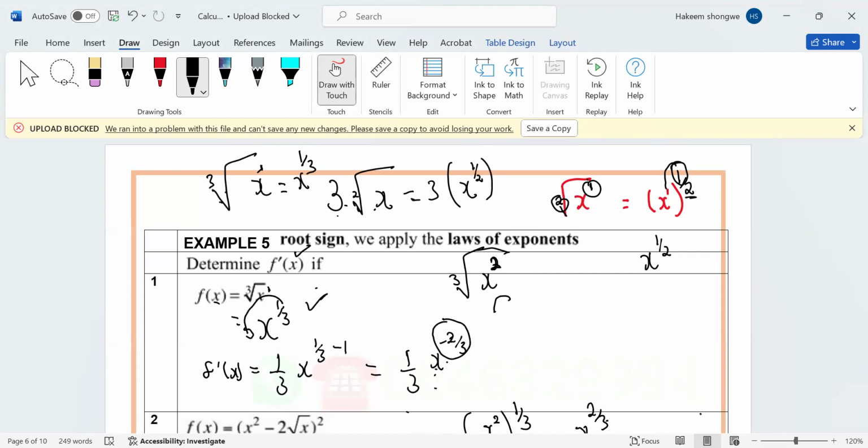If it was positive, it becomes negative. If it was negative, it's going to become what? Positive. So the answer here is going to be 1 all over 3, which is this one again, and then I'm going to have x to the power of 2 all over 3. It was negative again. If you take it to the denominator, it becomes what? Positive. Yeah, we are encouraged to leave our answer in a positive exponent.